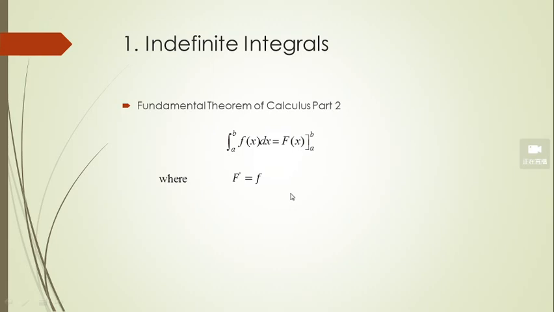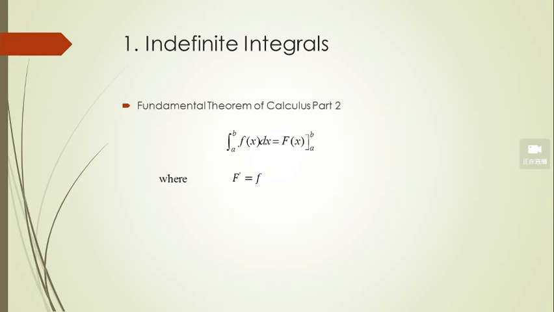And also we reviewed several tables of antiderivatives. For this small f, if it's x to the exponent n, it's easy to figure out its antiderivative when n is not minus 1. Or when f(x) is sine x, cosine x, secant squared, then it's also easy to find its antiderivative.